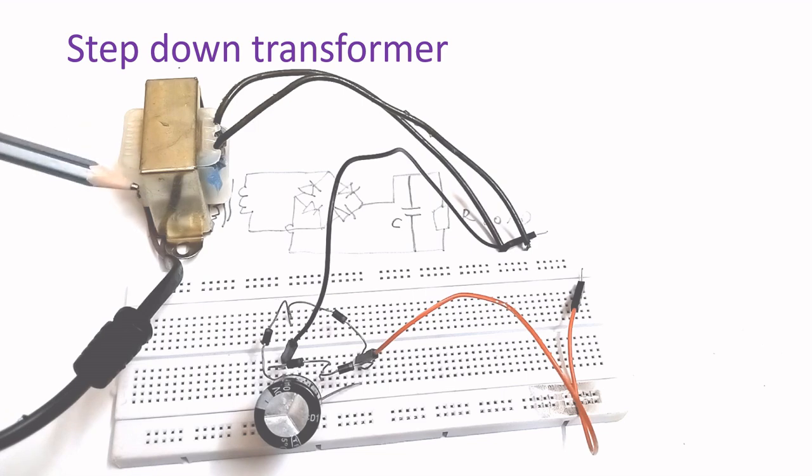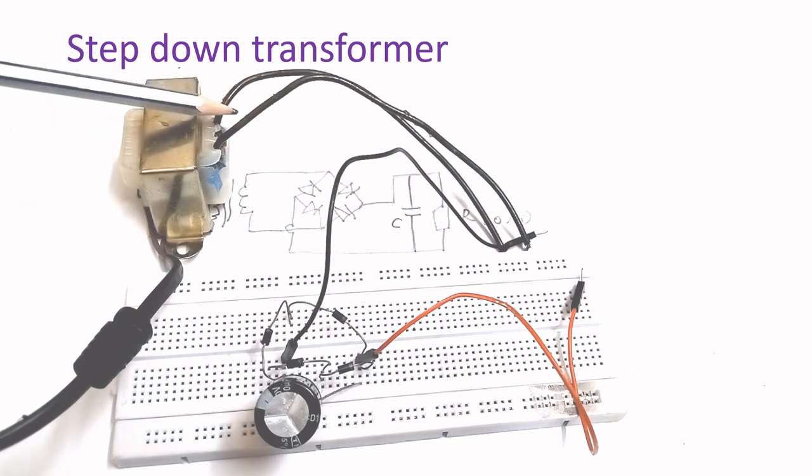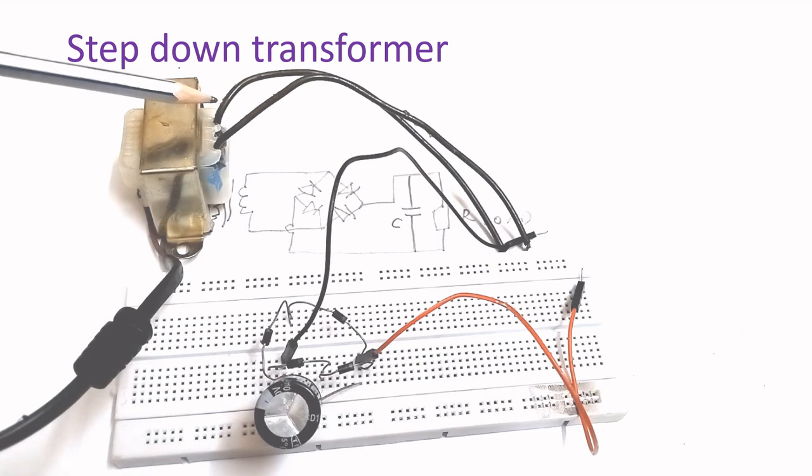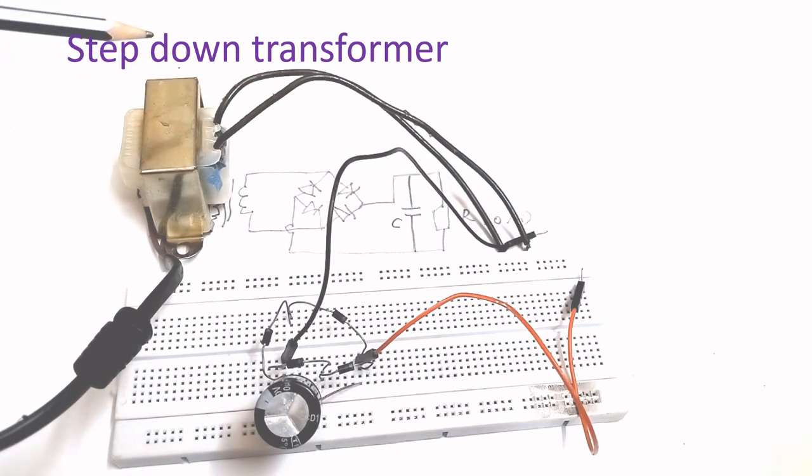So the number of turns will be much higher, and on the higher voltage side, as the current is lower and the voltage is higher, you will use thinner insulated copper wire, and on the secondary side, as the current will be more and voltage will be lower, you use a thicker insulated copper wire. That is the usual pattern in step down transformers.